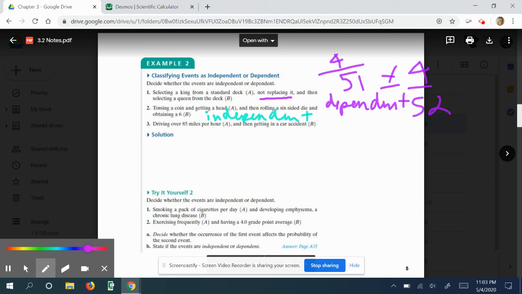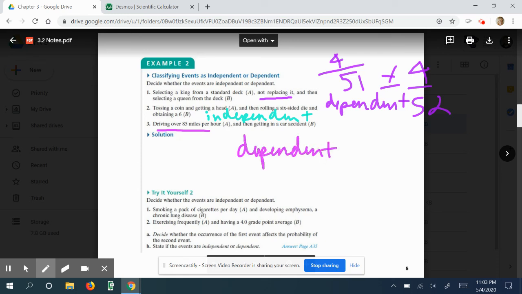So generally, you would know that the faster you drive, the less control you have. And so if you're driving over 85 and getting in a car accident, those would be dependent, right? Your chances of getting in an accident increase every time you increase your miles per hour.